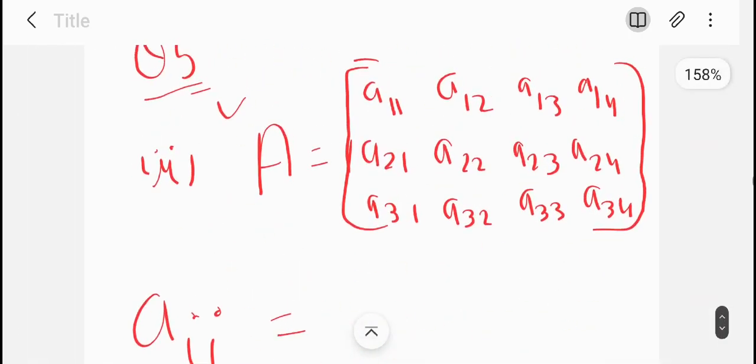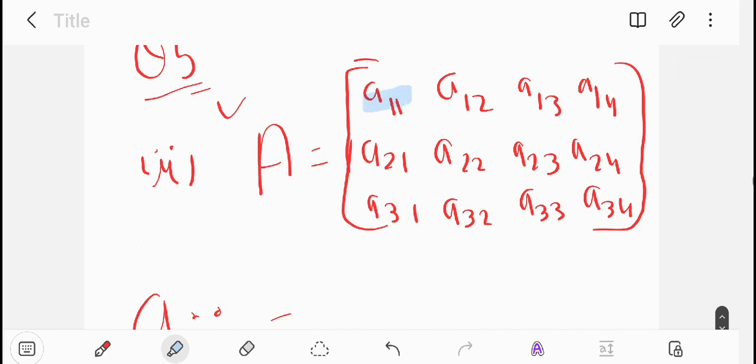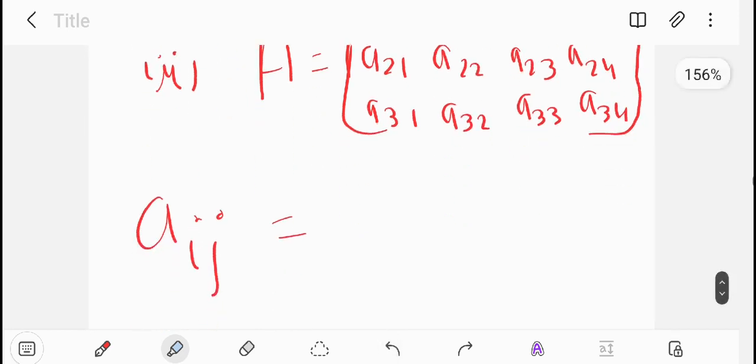So what do I have to find? I have to find A11, A12, A13, A14 up to A34. Let's find them one by one. First of all, let me write the general formula, 2i minus j.